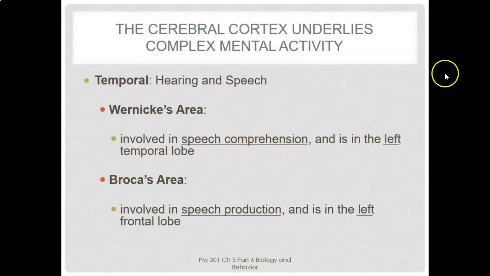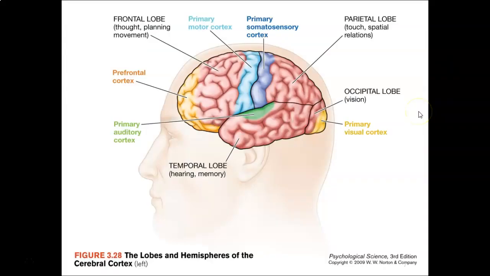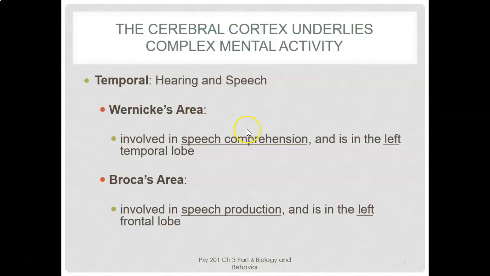And then we get the temporal lobe. The temporal lobe is this lobe right here. The temporal lobe is critical for hearing and speech. In order to be able to speak, to understand what's being said, your temporal lobe has to be working properly. Now there's what's called Wernicke's area and Broca's area. Wernicke's area is critical for speech comprehension.